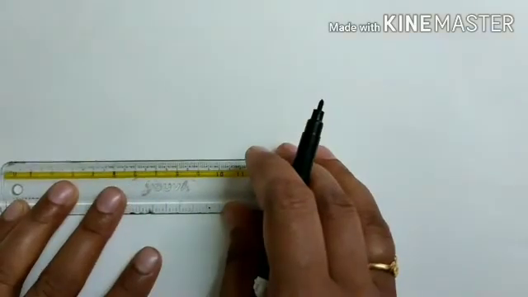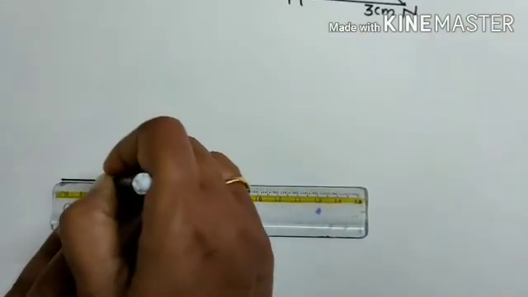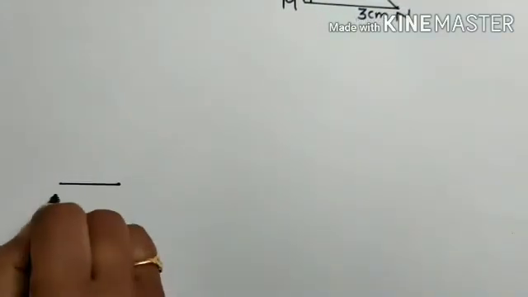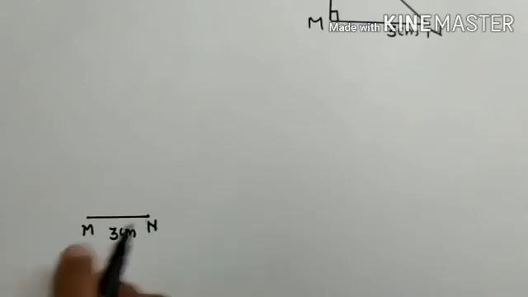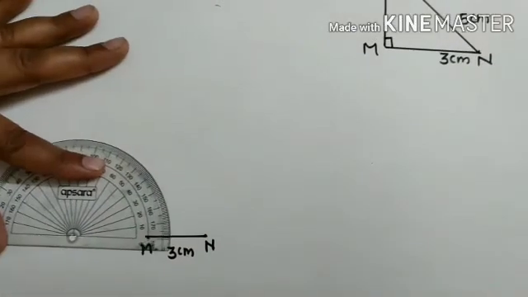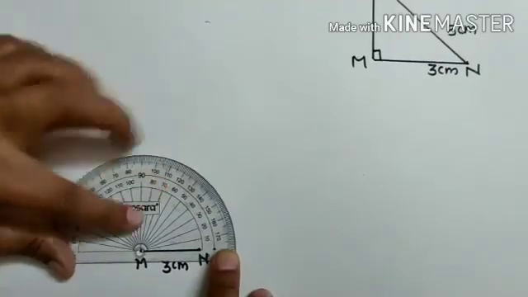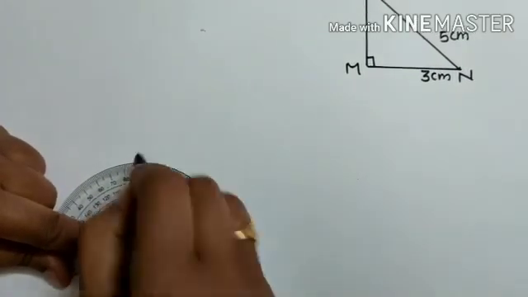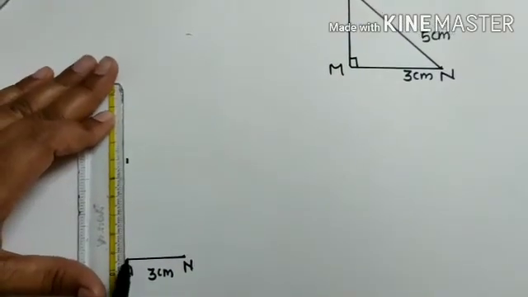As shown in the rough figure, draw the base segment MN of length 3 cm. At point M of segment MN, draw ray MT to make an angle of 90 degrees to segment MN.